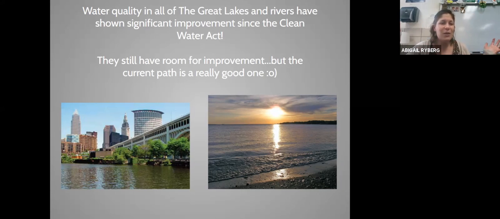And now it's almost like we forget what it ever looked like or how bad it ever got in so many of the cases, which is why I think people feel comfortable becoming slack with environmental regulations. Anyways, the Great Lakes, it worked. With the legislation, the Great Lakes are still polluted and they still have their challenges, but it has shown tremendous improvement, which has obviously helped the plant and animal population there.